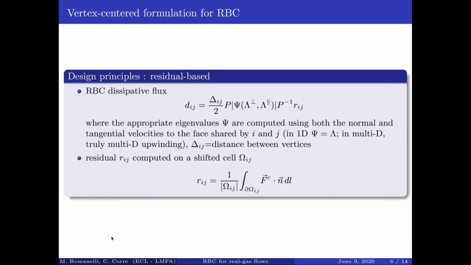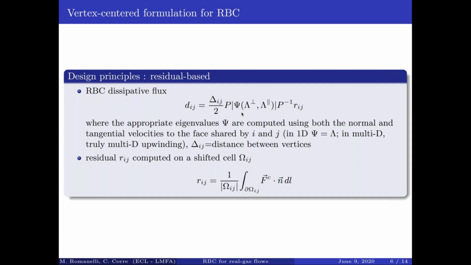So you're going to build this dissipative flux as follows. It's going to look quite similar to the one that you can write for the Roe scheme. The difference is here you have your dissipation matrix, but it's a bit more complex. It relies not only on the normal eigenvalues, associated once again with the Jacobian computed from the flux normal to the face, but it also makes use of the transverse eigenvalues.